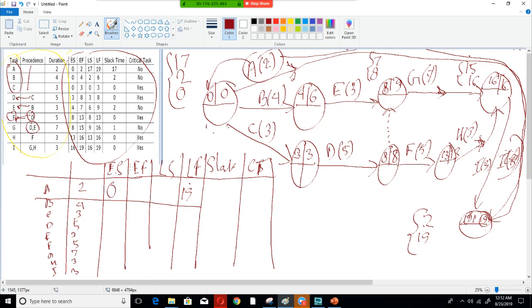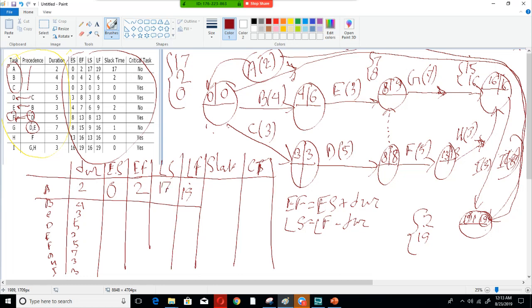Early finish is early start plus duration. So early finish for this one is 2. And late start equals late finish minus duration. So late start for A would be 19 minus 2, that will be 17.